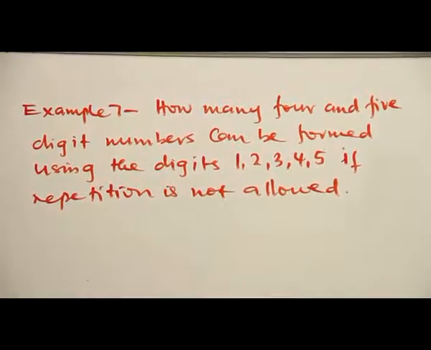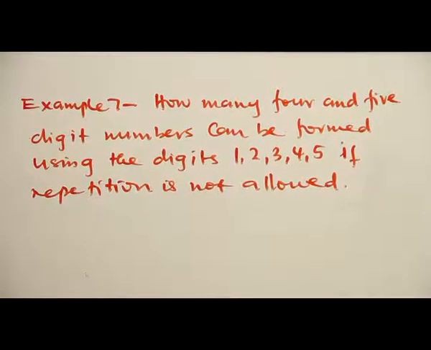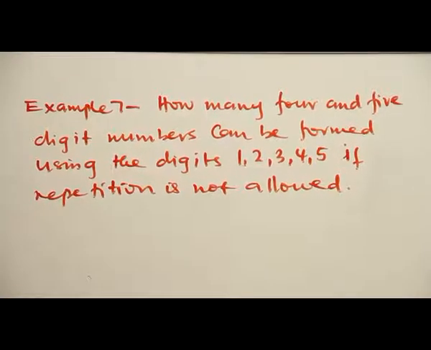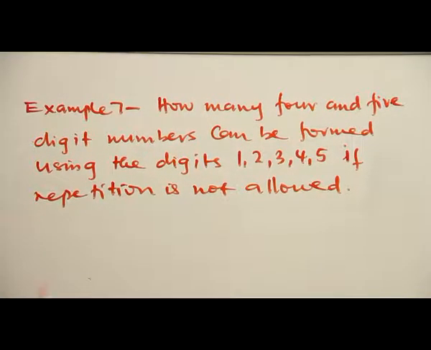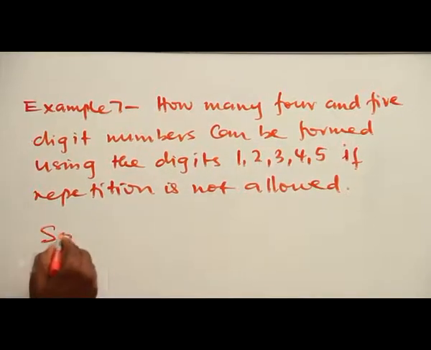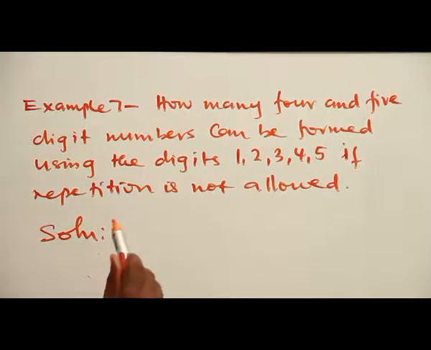Example number 7. How many 4 and 5 digit numbers can be formed using the digits 1, 2, 3, 4, 5 if repetition is not allowed? Please look at the semantics in this question.